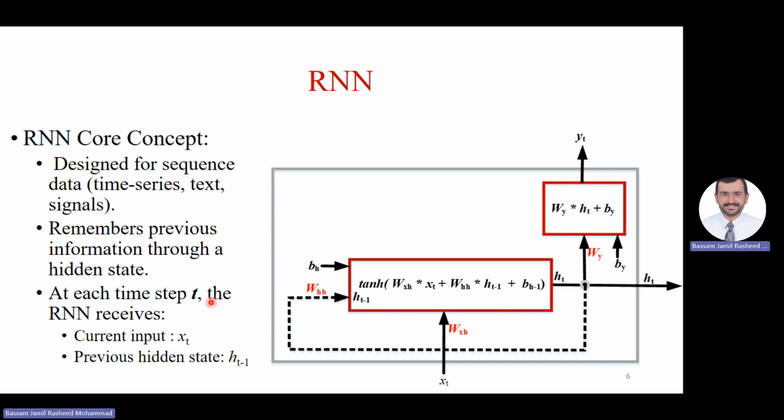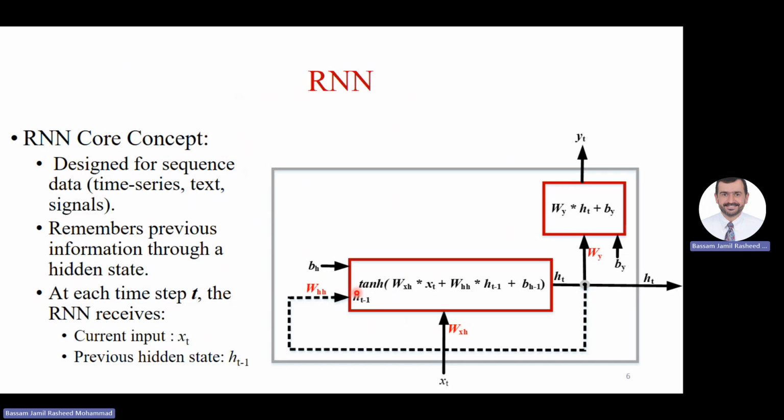Anytime we talk about sequence, series, we represent the current step with time t, the previous step as t minus 1. And therefore, you will see this loop here generated as the hidden state, right? And captured in the next computation as t minus 1.